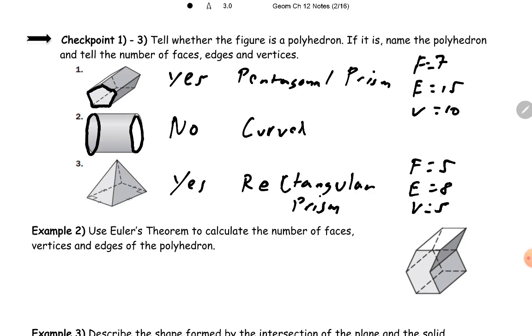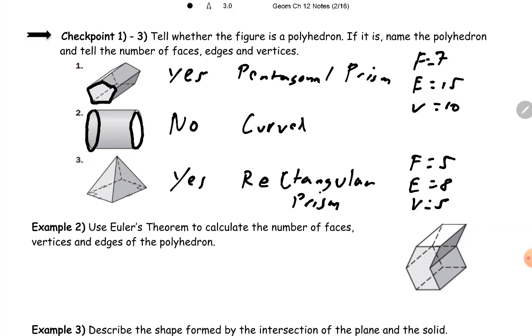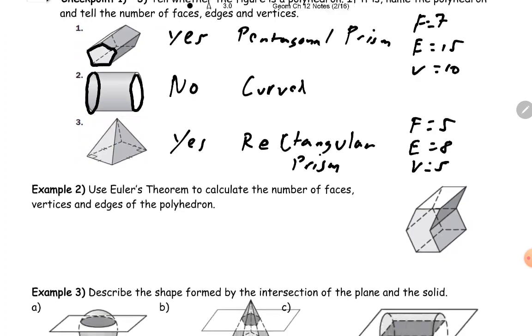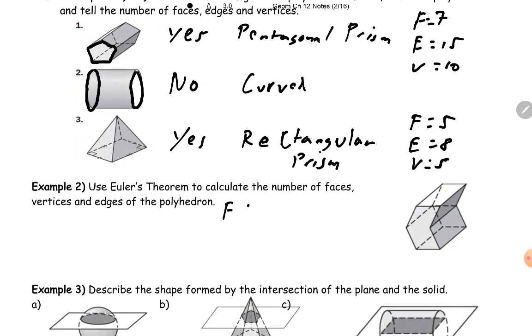So example 2, use Euler's theorem to calculate the number of faces. So we have F plus V equals E plus 2. Wait a minute.